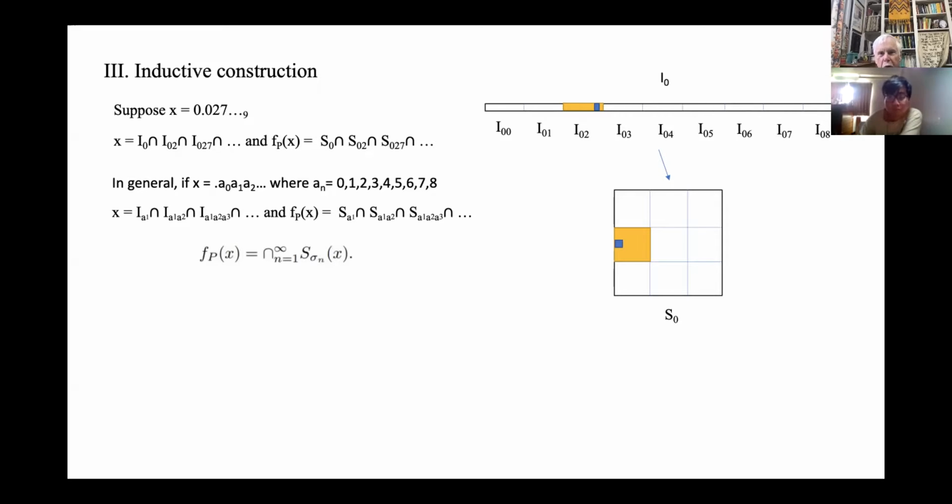S0 is the big one, so I would put I0 in a color as well, not just white. So I0 and S0, S0 you could make bigger in this picture, but I0 should maybe be a color also, like green or red or something.